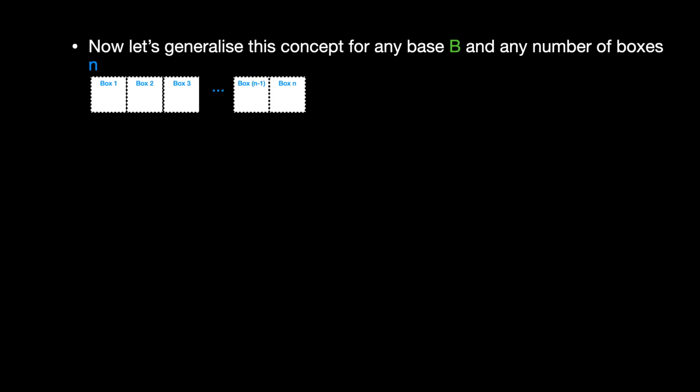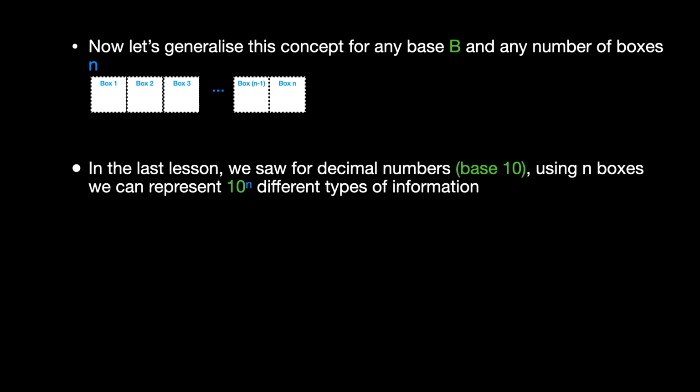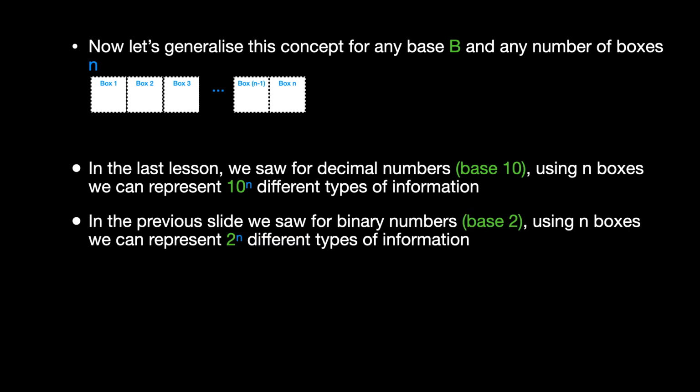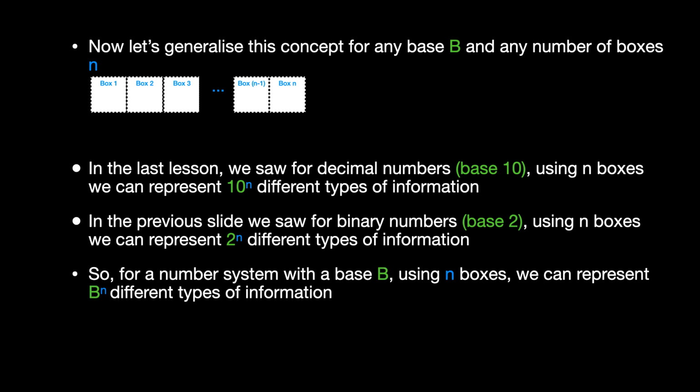Now let's generalize the same concept for any base b and for any number of boxes n. In the last lesson, we saw for decimal numbers, that is base 10, using n boxes, we can represent 10 to the power n different types of information. In the previous slide, we saw for binary numbers, that is base 2, using n boxes, we can represent 2 to the power n different types of information.